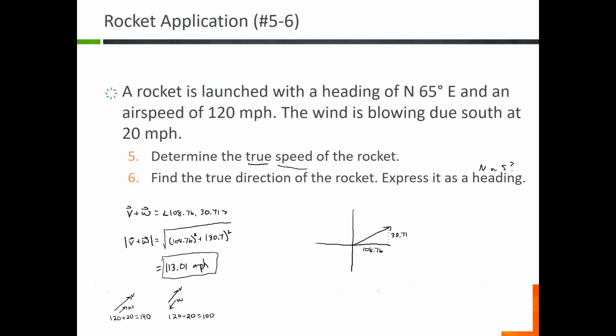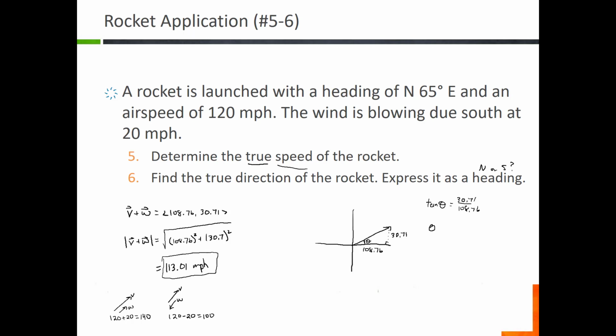In this little right triangle, there is an angle here, with an opposite side of 30.71 and an adjacent side of 108.76. So the tangent of theta is going to be 30.71 over 108.76.